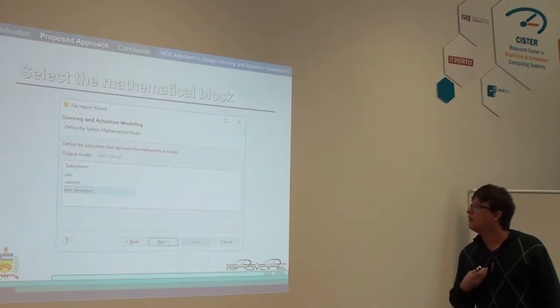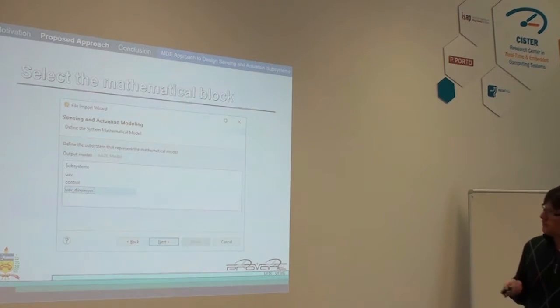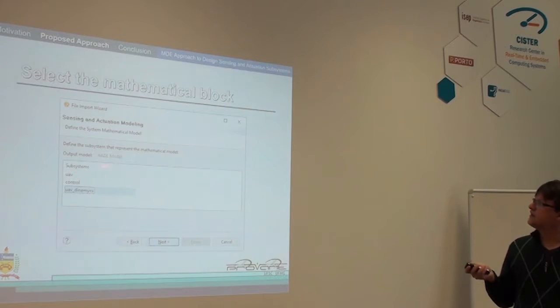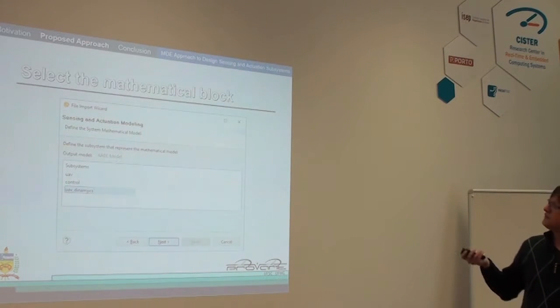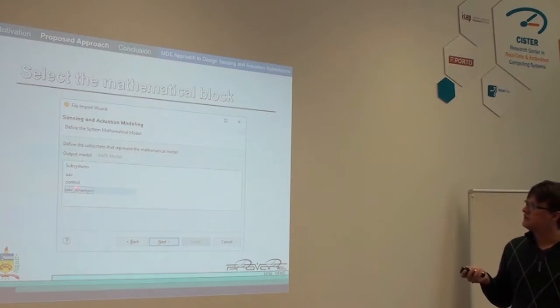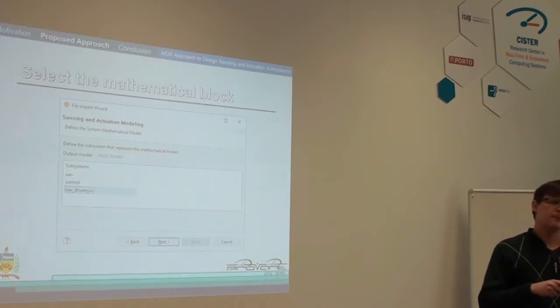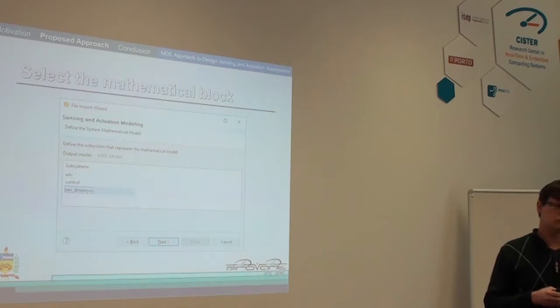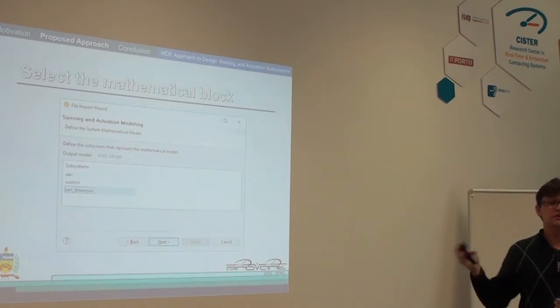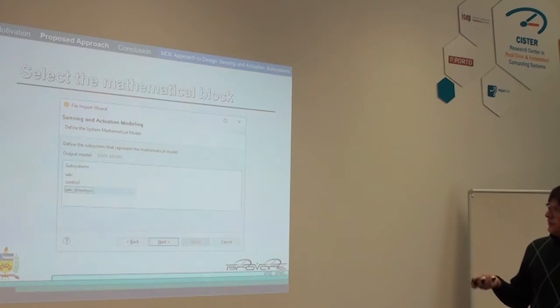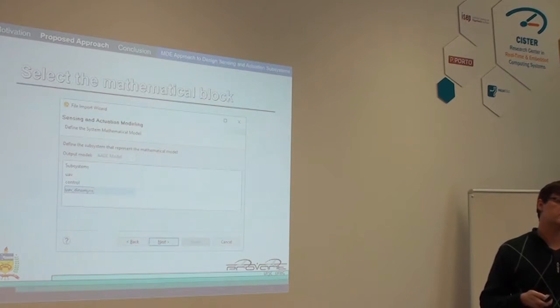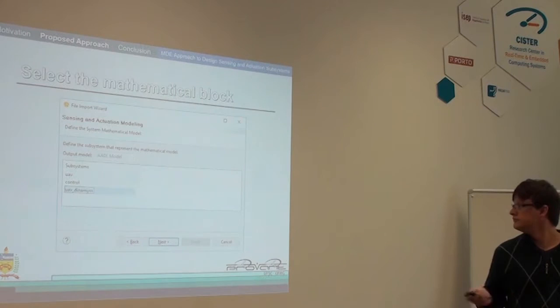Starting our process, we first analyze the blocks of the system and select the block that represents the UAV dynamics, in order to replace this block by a set of sensors and actuators in the generated architectural model.